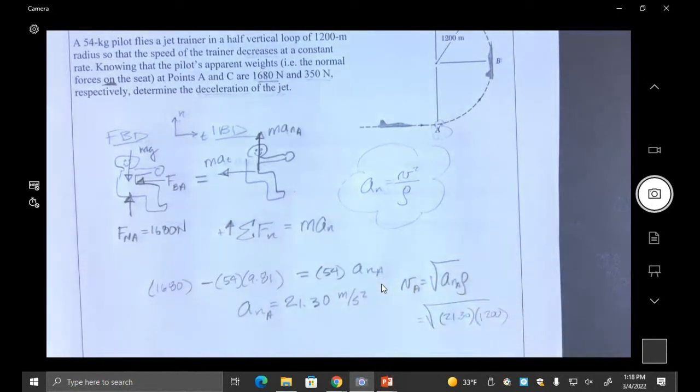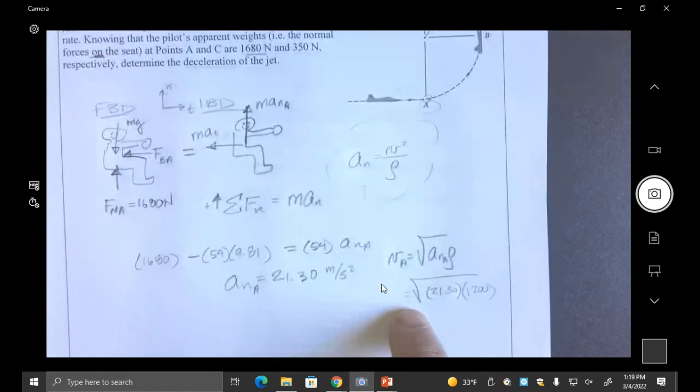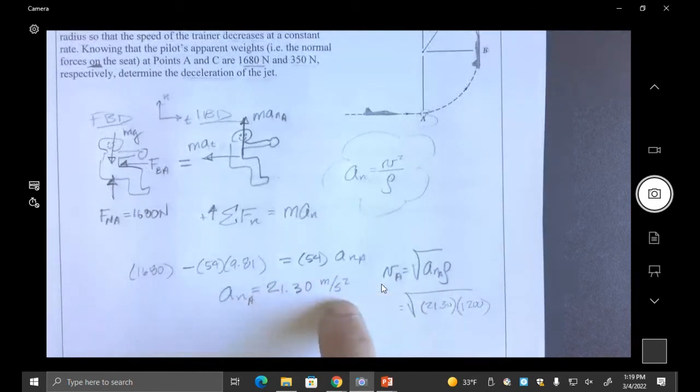I'm getting a little nervous about getting there. Oh no, okay, it is a large number. So 1200, multiply, square root. Oh no. What did I do wrong? I feel like I did something wrong now. Double check it. 1680, 54, 9.81, times, minus, divide by 54, 21.3.